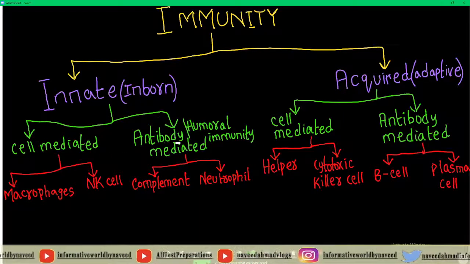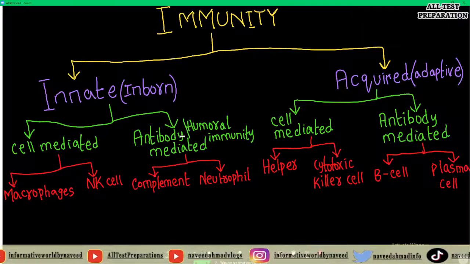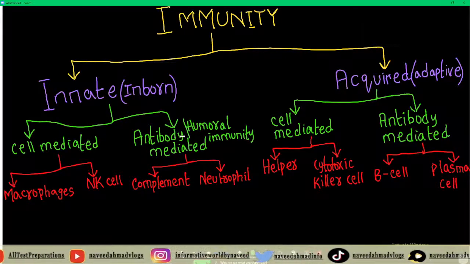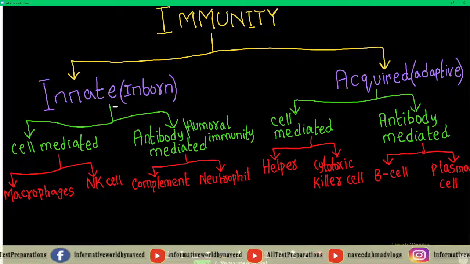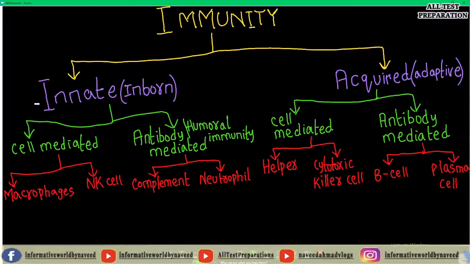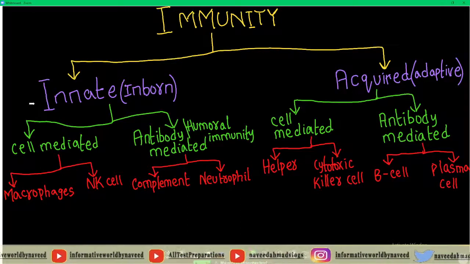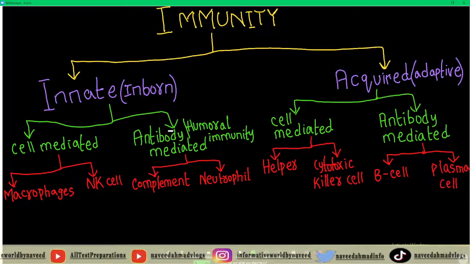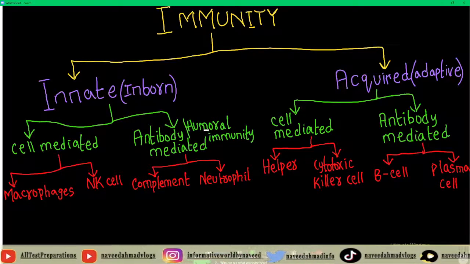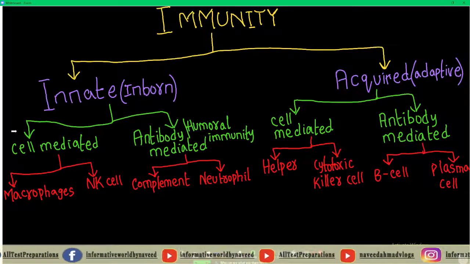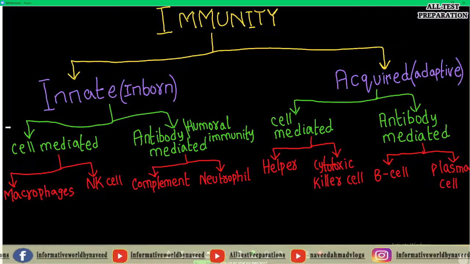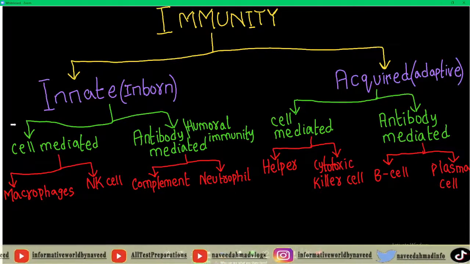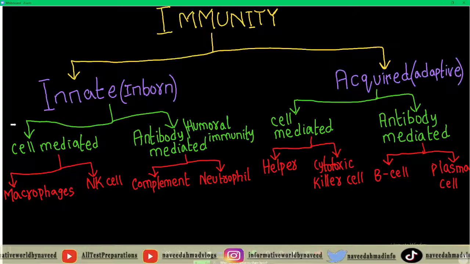What is cell-mediated and what is antibody or humoral immunity? We have specific immunity, and that type of specific immunity is divided into cell-mediated and antibody or humoral immunity. It was discovered that if some animal is non-immune to a disease, we can transfer immunity from an immune animal to a non-immune animal. If this transfer is through blood cells, it is known as cell-mediated immunity, because the blood cells transferred from an immune animal to a non-immune animal are responsible for the production of immunity.